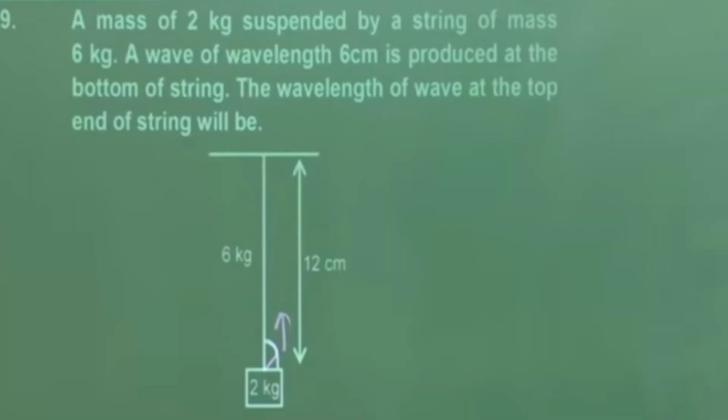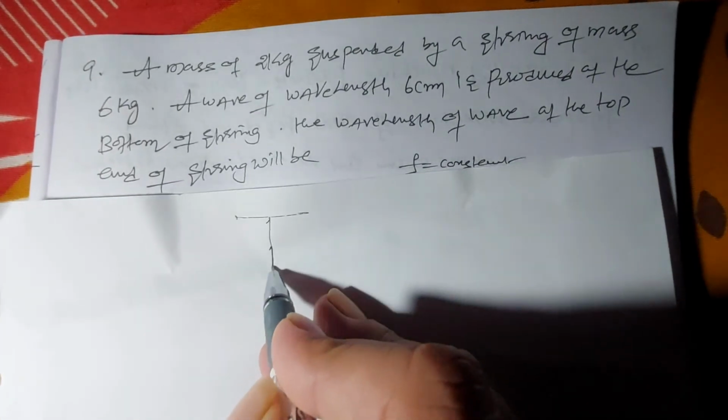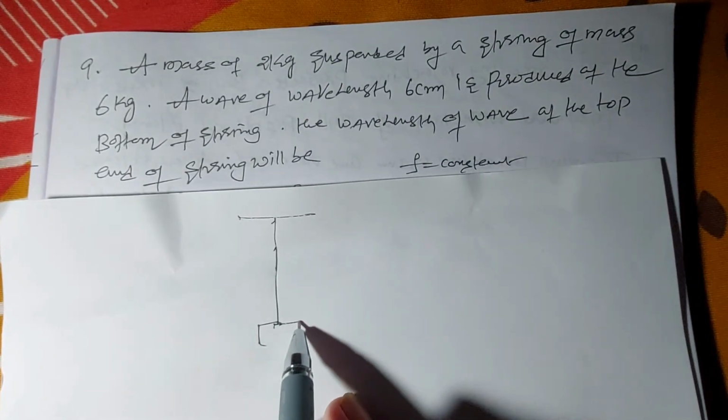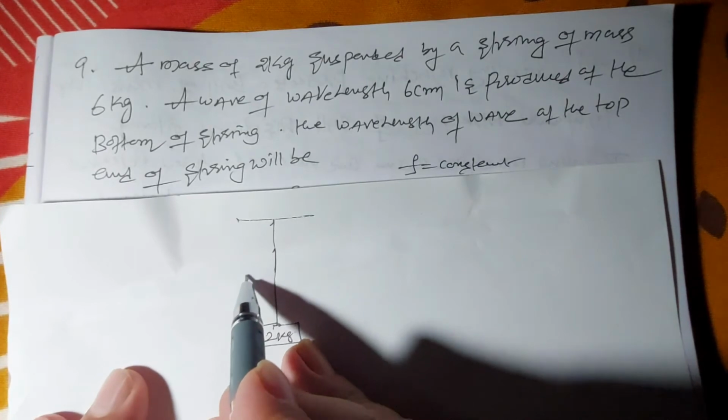Okay, now let us discuss another question. A mass of 2 kg is suspended by a string of mass 6 kg. A wave of wavelength 6 cm is produced at the bottom of the string. The wavelength of the wave at the top end of the string will be? To this string a mass of 2 kg is suspended, and the string mass is 6 kg.